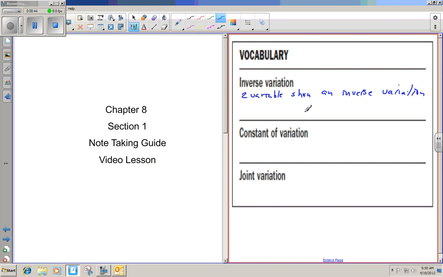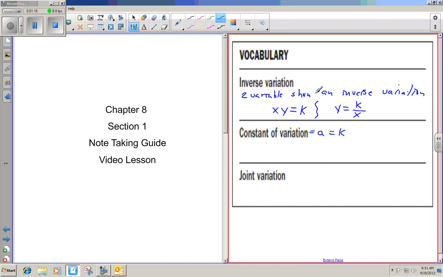Basically, what this entails is that you have a constant of variation, and I think the book probably uses the letter A as the constant of variation. I will probably use a K. So an inverse variation, you have x times y equals K. You could also think of it as y equals K over x.